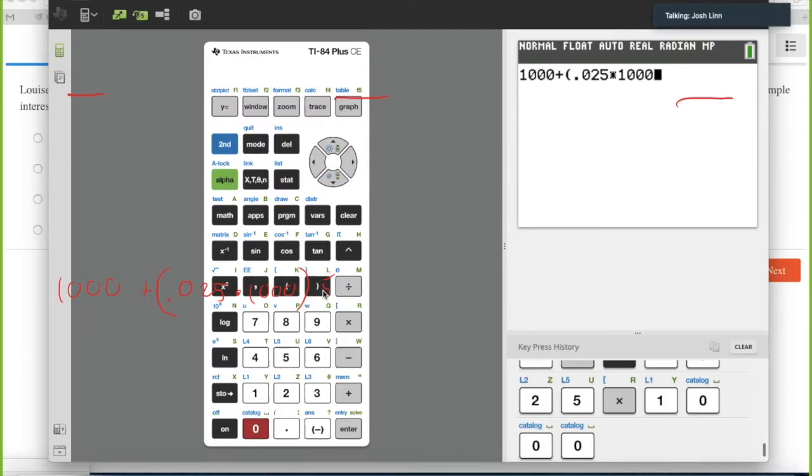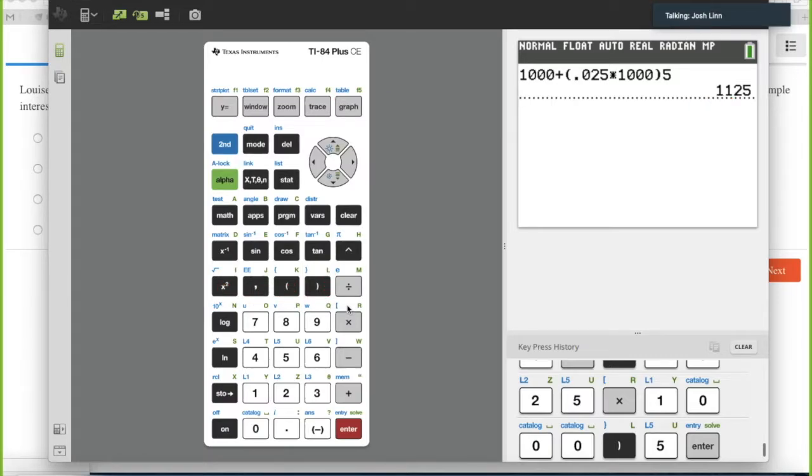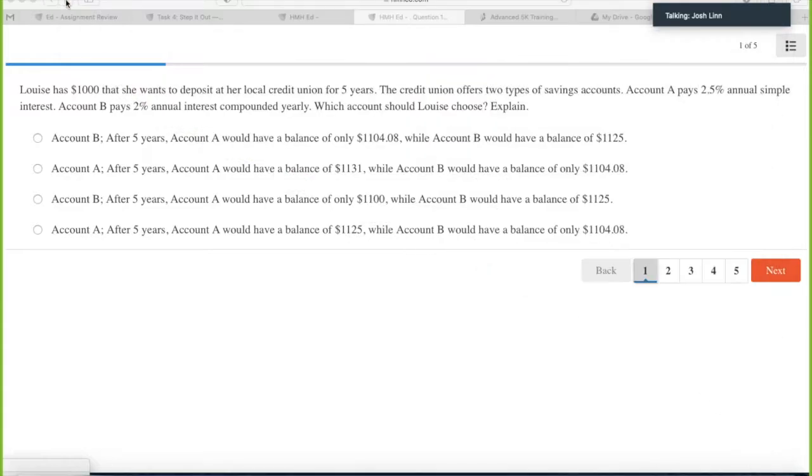Most of you can probably do that in your head, but I'm lazy. Note here on the calculator, you can just add that 5, just like you normally would, and it's assumed that it's multiplication. So our simple interest at the end of 5 years, you'll have $1,125. So that's $125 simply for not spending anything.